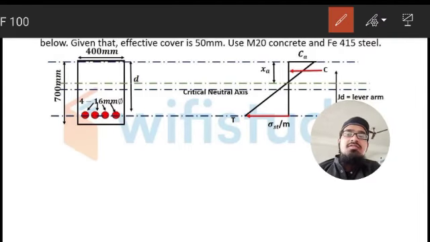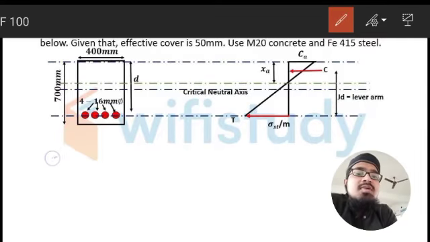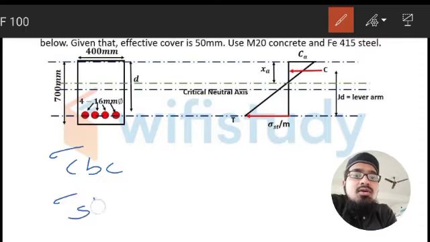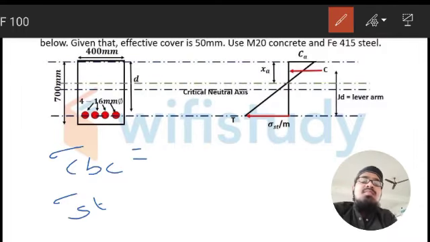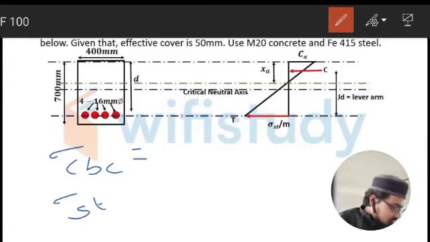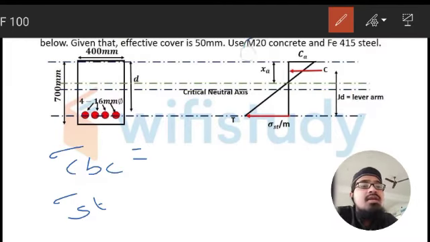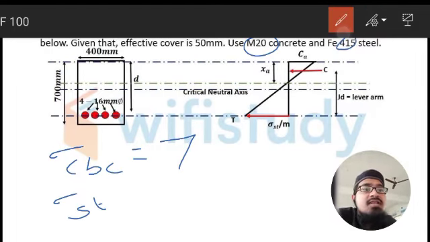Then what else should we find? We should find the permissible stresses in concrete as well as permissible stresses in steel. I already told you in previous classes, from IS 456, the permissible value of stress in concrete due to bending in compression. For M20 grade of concrete, the value of sigma CBC is 7. Here Fe 415 grade of steel is given.